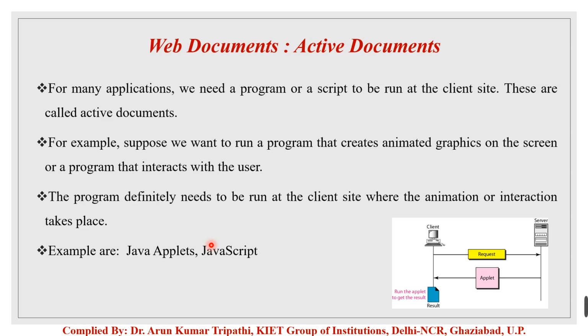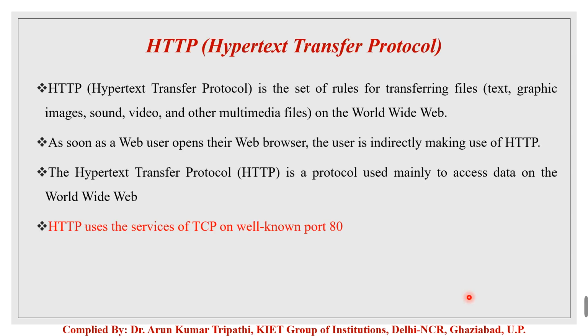So it will vary dynamically. Examples of such content are Java applets, JavaScript, etc. So here is the example. The client is requesting a particular web page from the web server, and corresponding to that, the server is responding with the web page, or that is the applet.